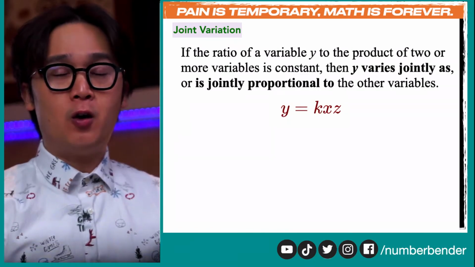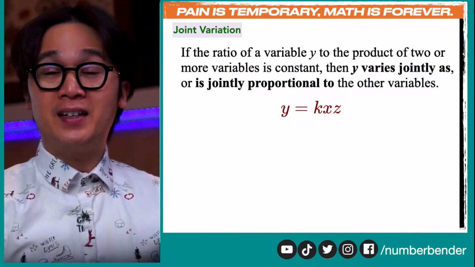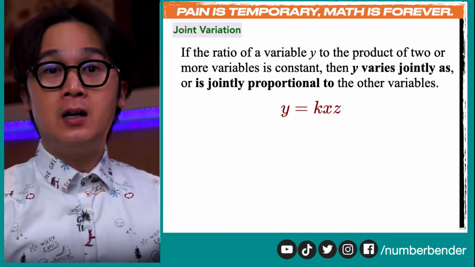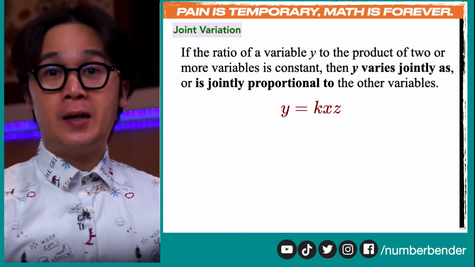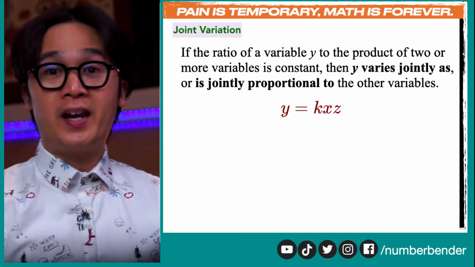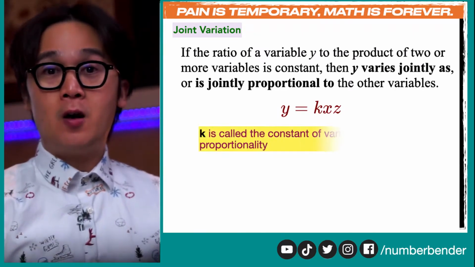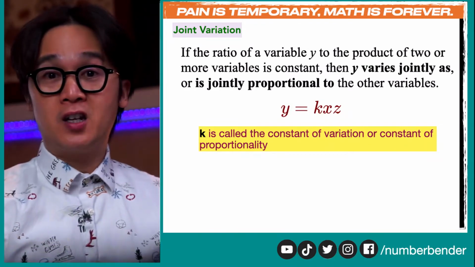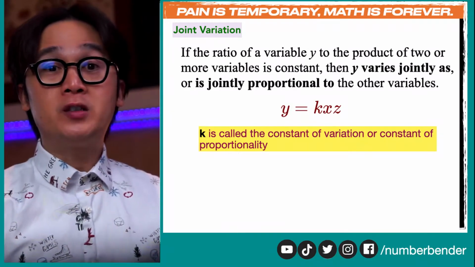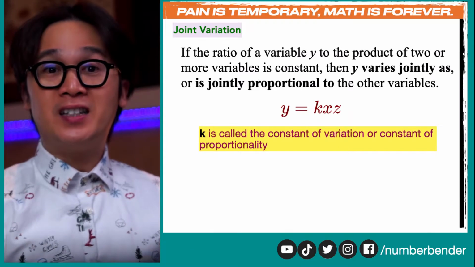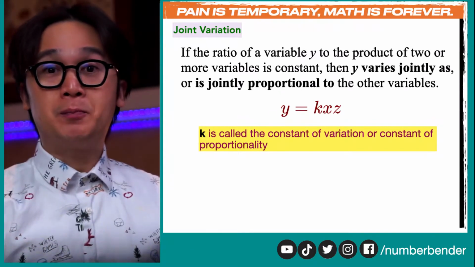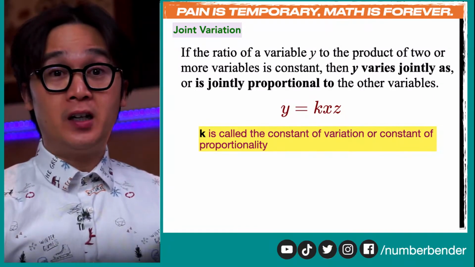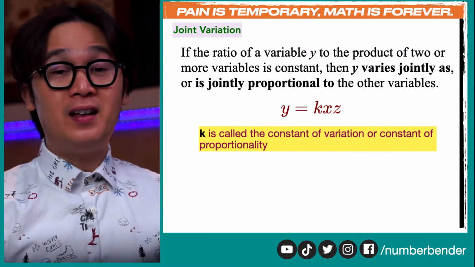The equation associated with joint variation is y is equal to k times x times z, where k is the constant of variation or the constant of proportionality that we're going to be using to see the distinct relationship for the lesson today.